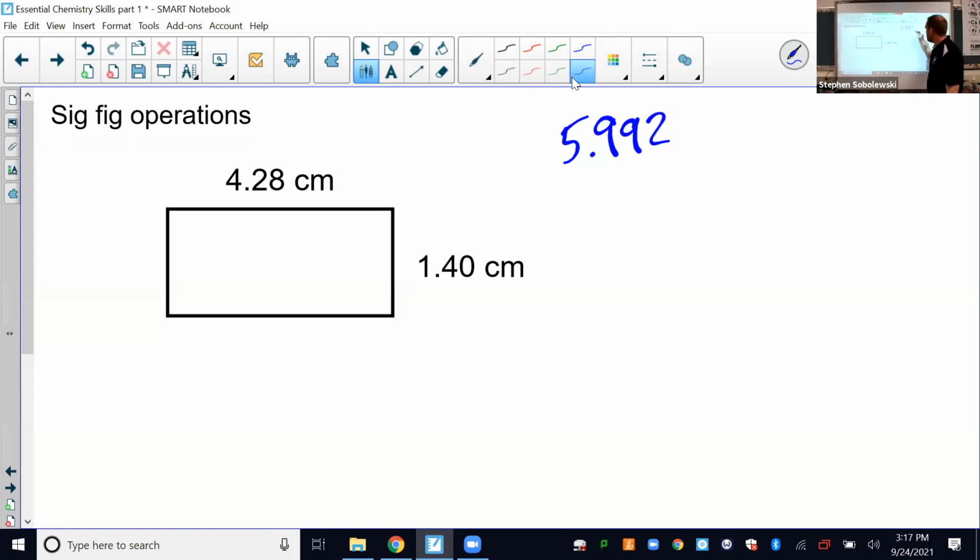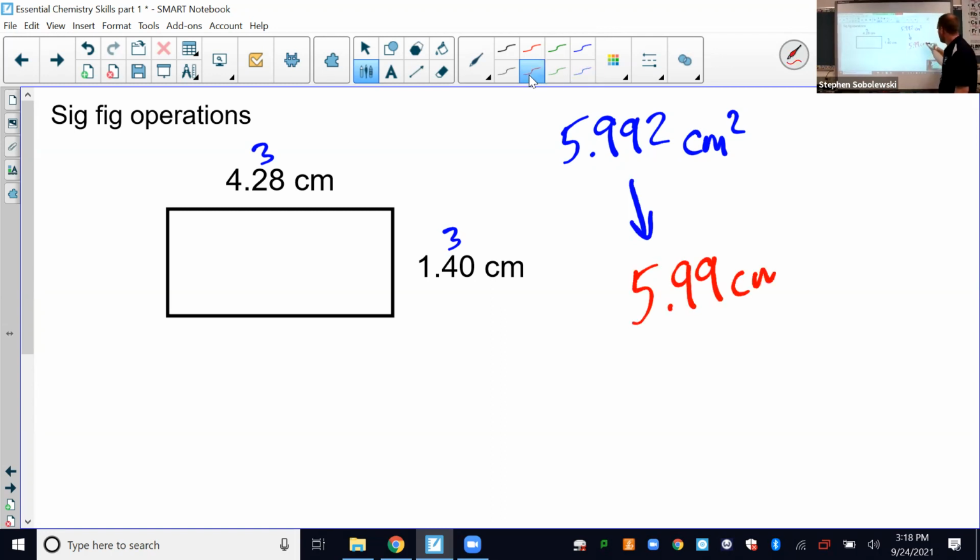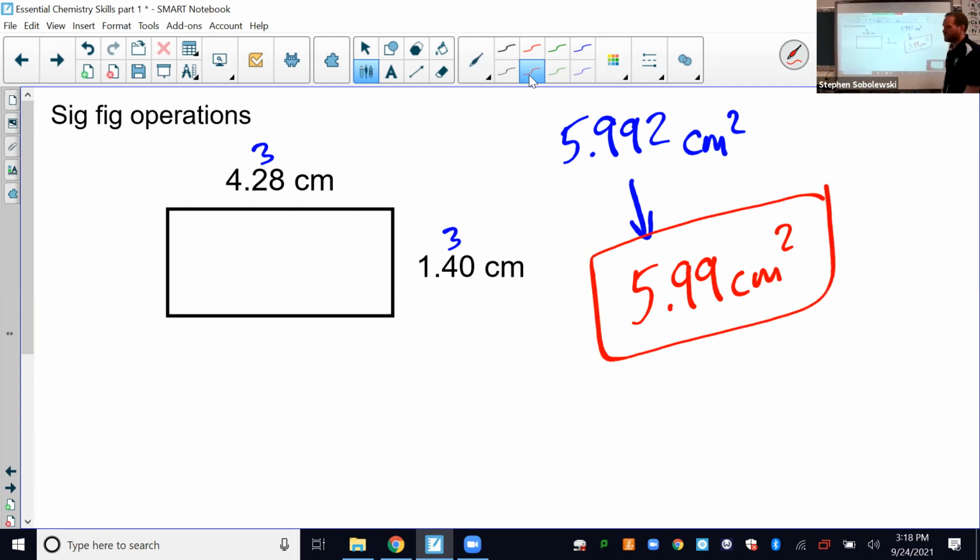Centimeter times centimeter, centimeter squared. Now for sig figs, we look at both of these numbers, we count the sig figs. 3 sig figs here, 3 sig figs here. We are limited to 3 sig figs in our final answer. So how do I round this number off to 3 sig figs? 5.99 centimeters squared. That's exactly what you report.